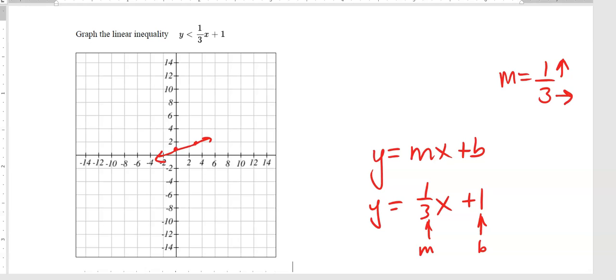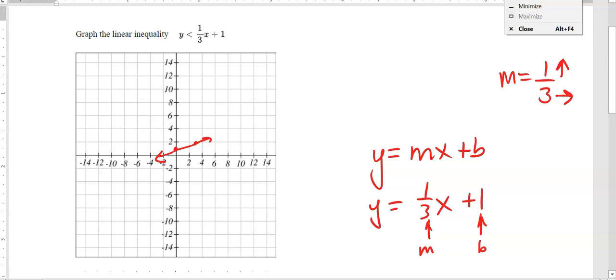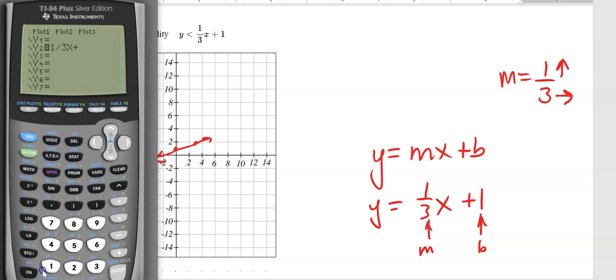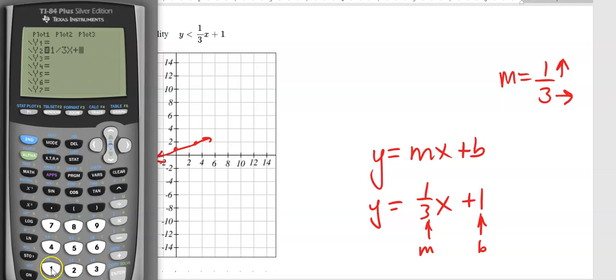The second way I could graph a line, remember, first of all, we're just graphing it as a line, is I could use my calculator, okay? So get those calculators out. Let's try them again. Clear whatever you have. Now I can enter it in as 1/3 x plus 1. And I could graph it. And you can see what it looks like.